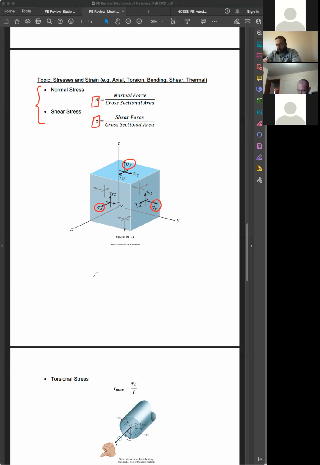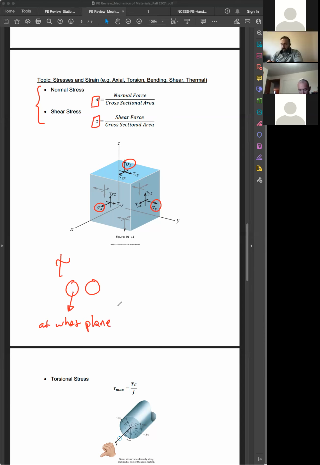And then inside each plane, we have 2 stresses: tau xz, tau xy, tau yx, yz, zy, and zx.